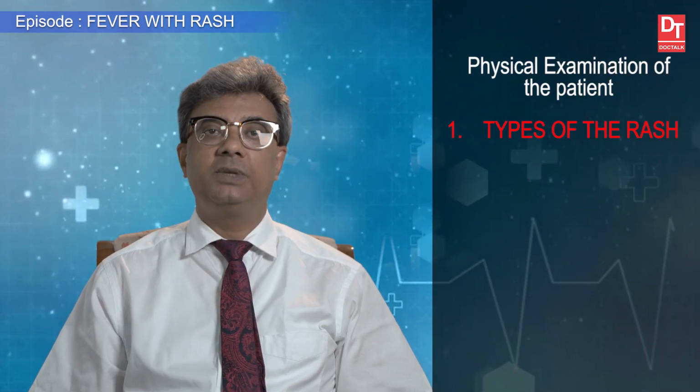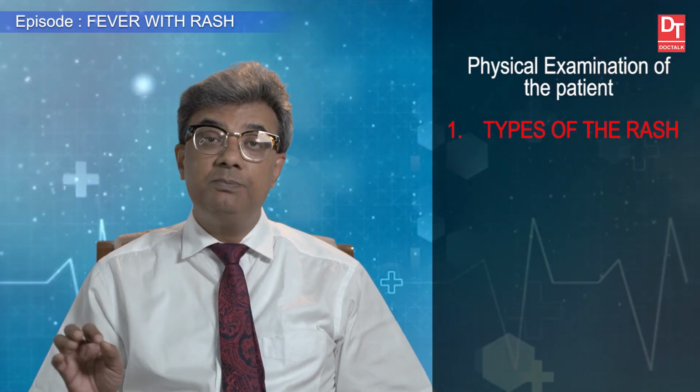But as far as the rash is concerned, we have to observe a few things for concluding the type of disease producing the rash. So, what are the points we have to see in case of rash? Number 1, type of the rash.